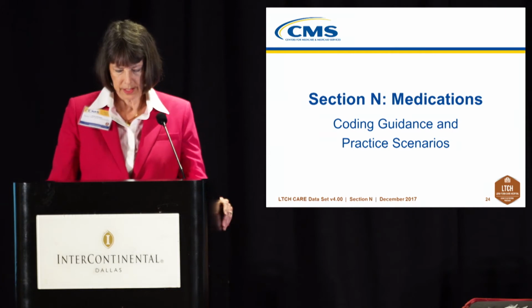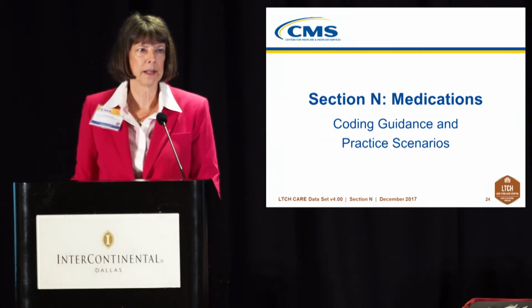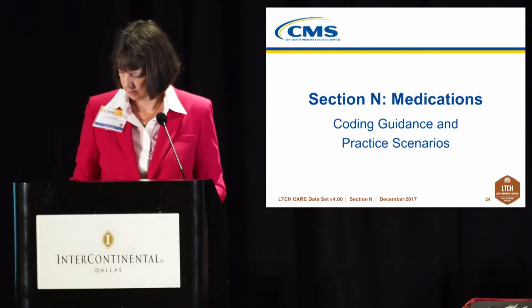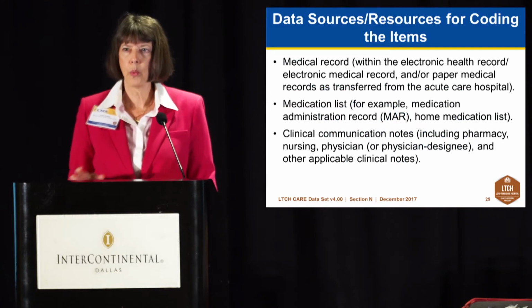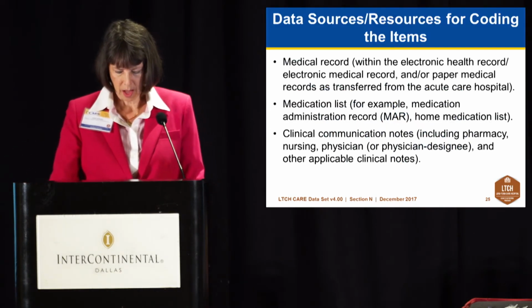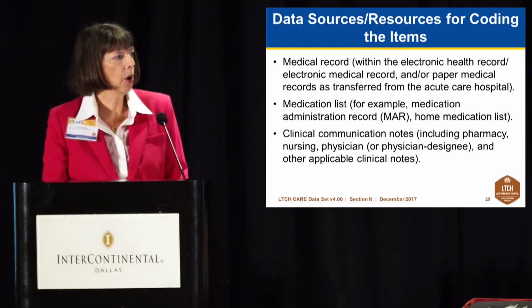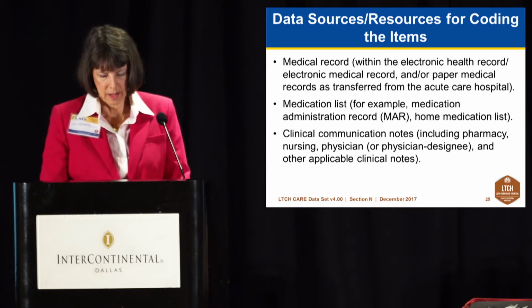Okay, and let's look next at the coding guidance and the very important practice scenarios. So where do you go to find this information from which to code these three items?